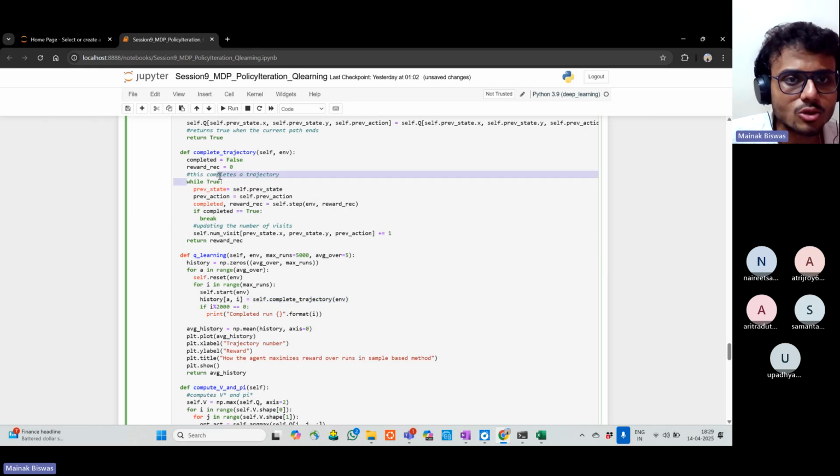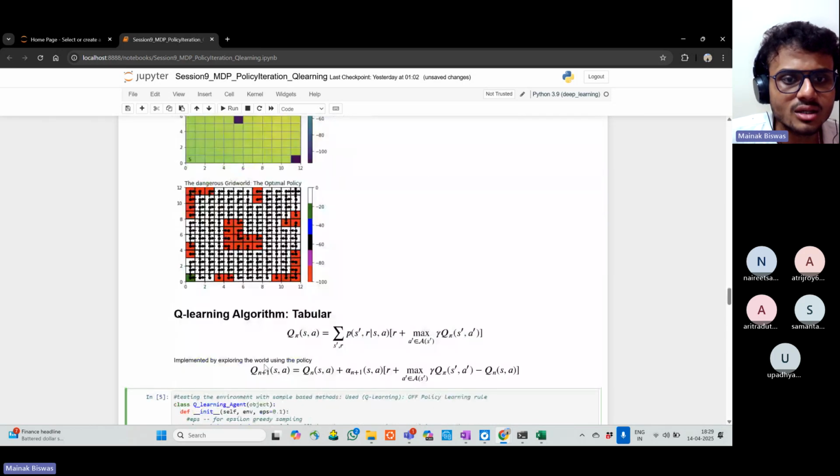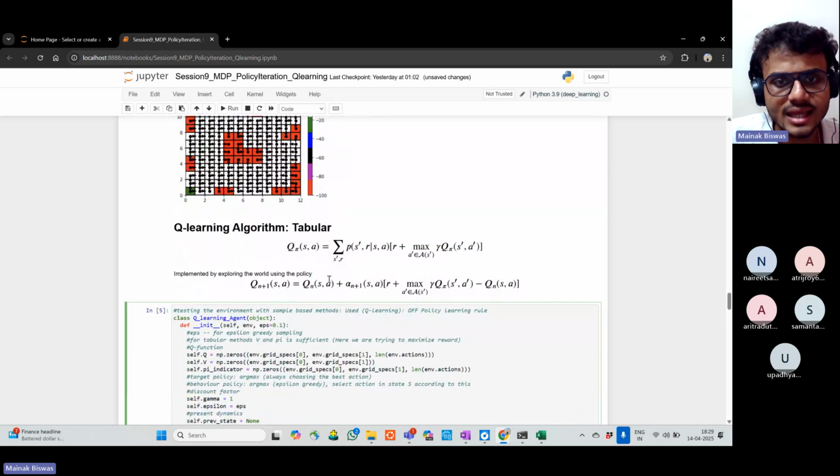It is going to be an infinite loop such that the previous state you keep and the previous action you keep, and you will take a step as I was telling. So for every state and action, you will take a step. Say you take a step to S prime with an action A and you observe the reward.